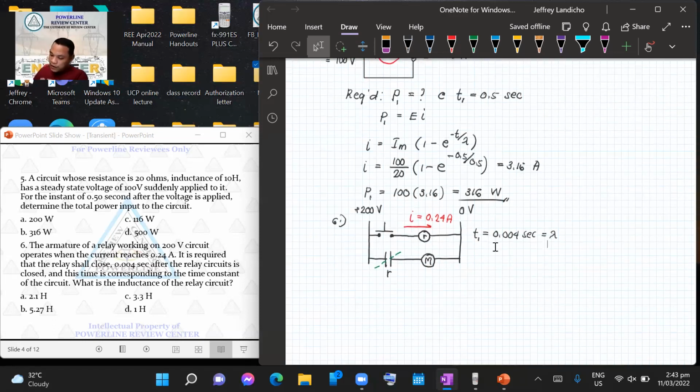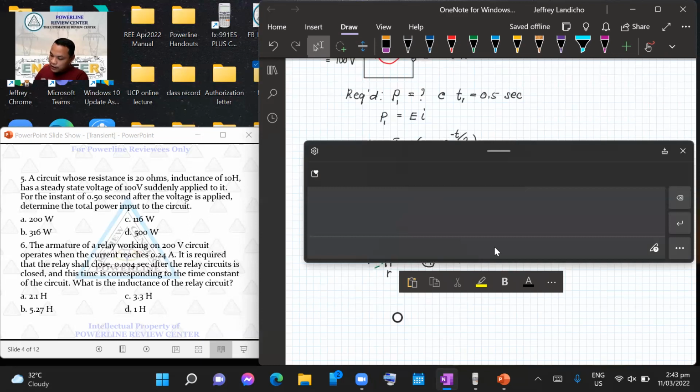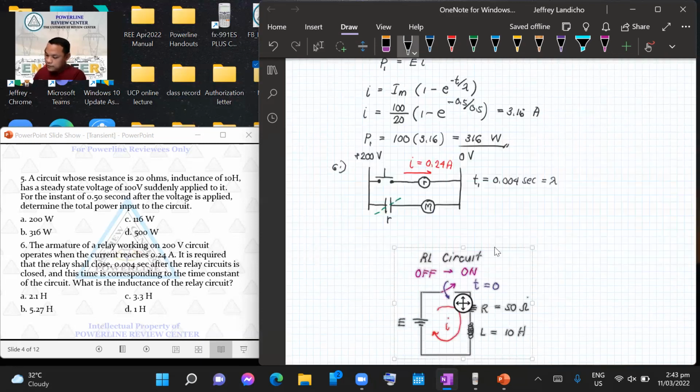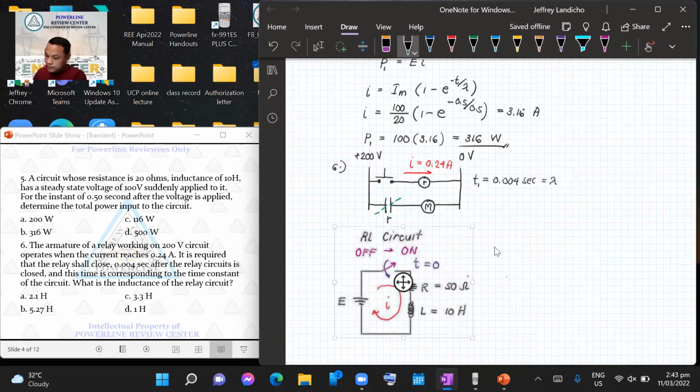Taking its relay circuit, our source voltage here is 200 volts.